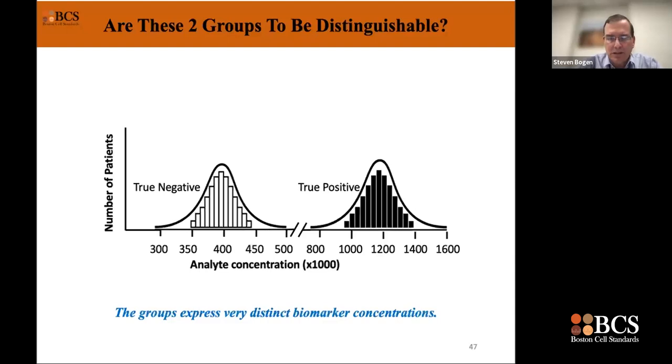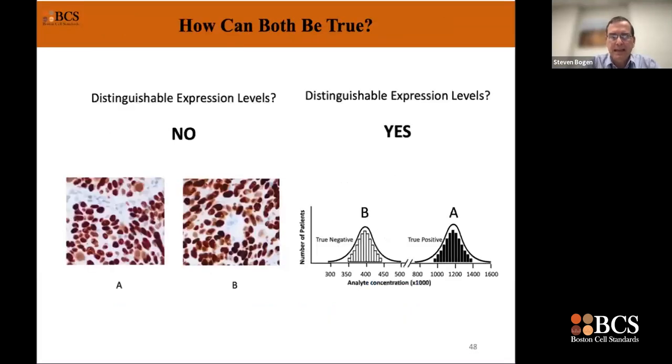So now, mostly you'd expect these 2 groups to be readily distinguishable when measuring protein expression by immunohistochemistry. And yet these 2 situations can easily coexist as a pitfall here. Without calibration, groups with strikingly different expression levels can appear identical after immunohistochemistry testing.